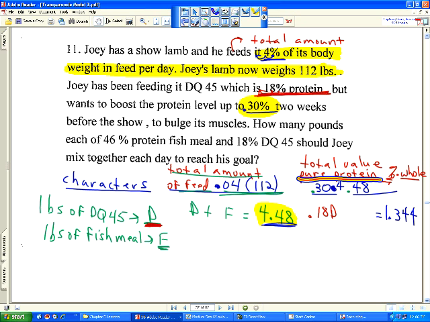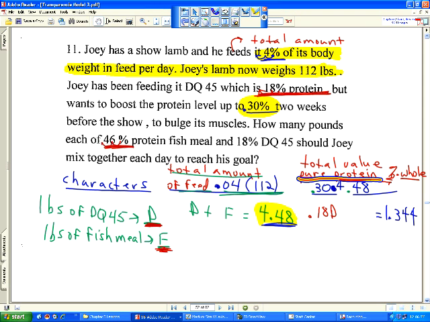How do I go from pounds of feed to amount of protein? I take my percent times my whole, and I get my part. The amount of protein in the fish meal is 46%.